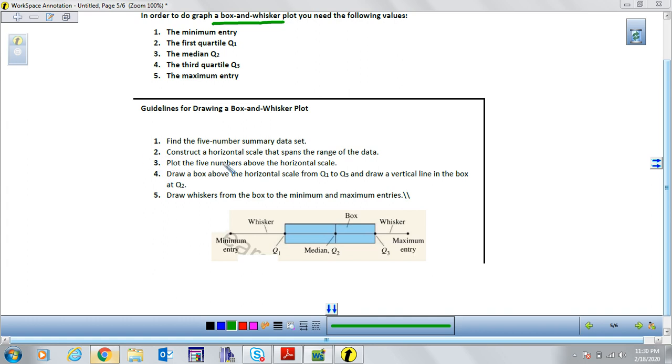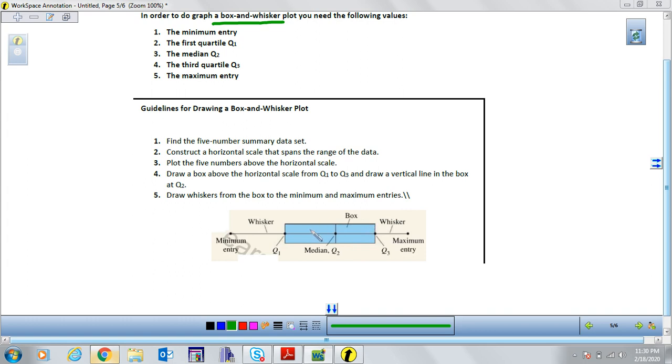3, plot the 5 numbers above the horizontal scale. 4, draw a box above the horizontal scale from Q1 to Q3 and draw a vertical line in the box at Q2.